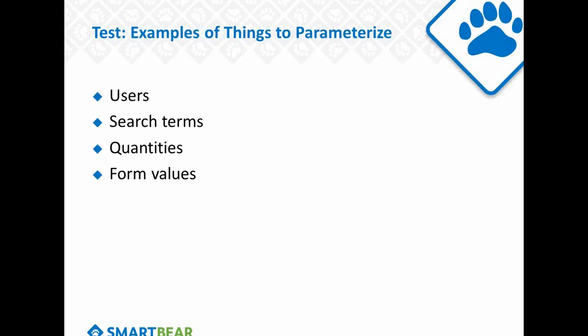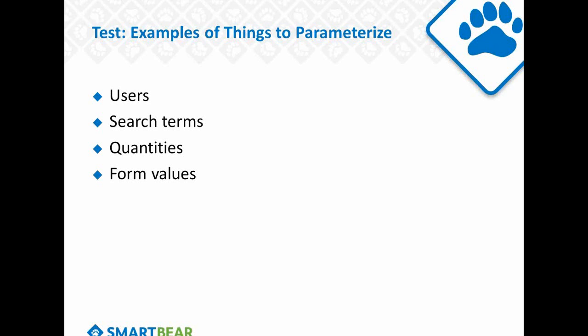Some examples of things that you may want to parameterize are user IDs and passwords, different search terms. It's possible that certain search terms are going to take longer to return than others. You want to test a wide variety of those search terms.